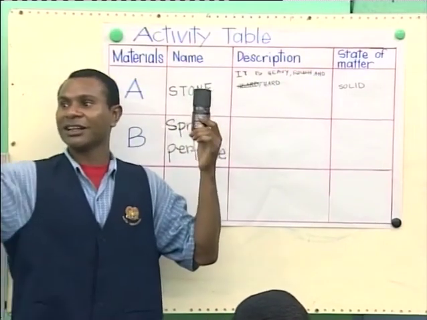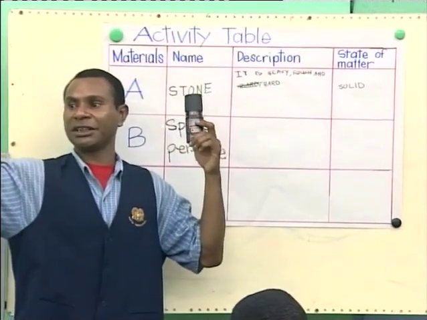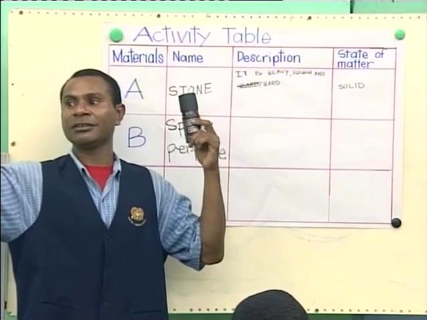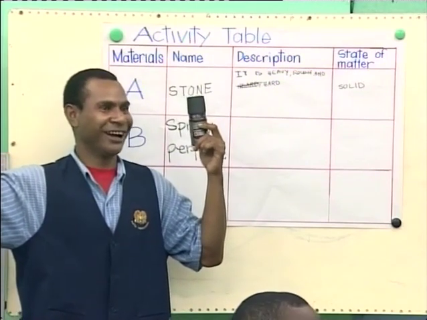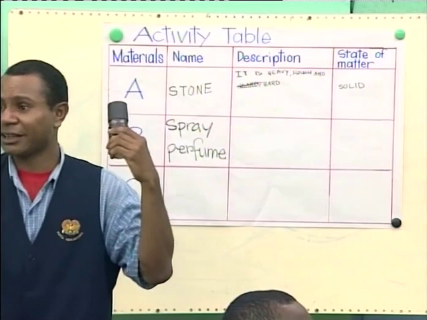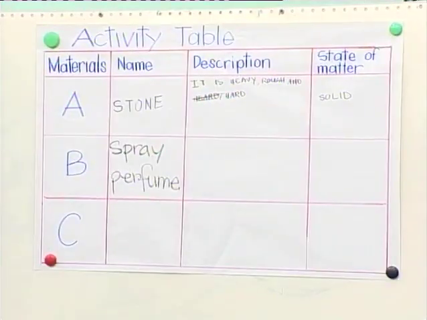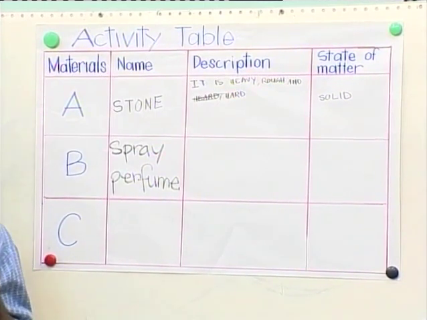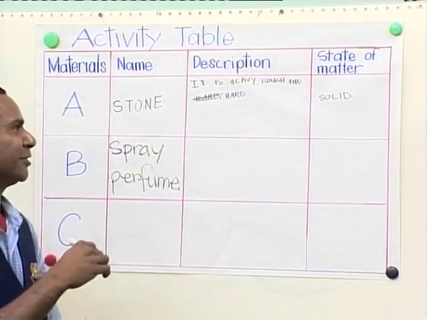Shannon? Did you see the gas coming to you? No. So can you describe the gas for us? How did you smell it? The air. Right, it drifted in the air towards you.